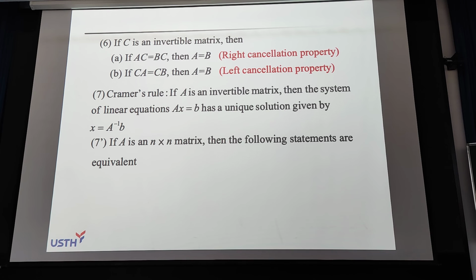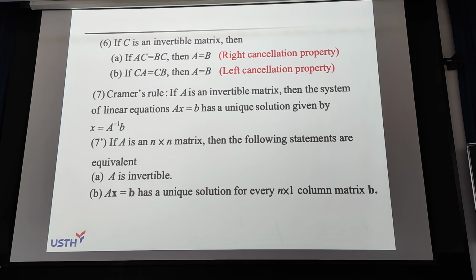And sometimes we can write that property as property number 7 prime, saying that if A is a square matrix of order n, then the following statements are equivalent to each other. The first one says the matrix A is invertible.